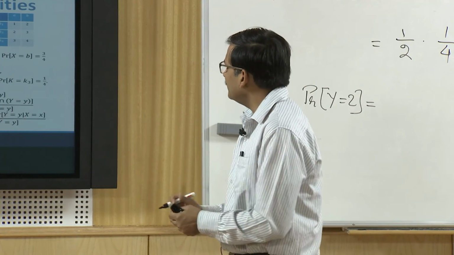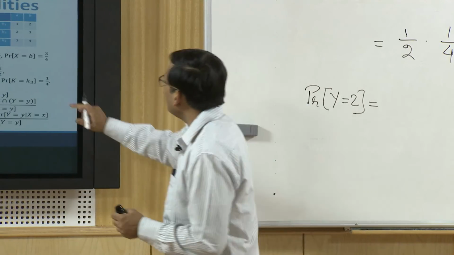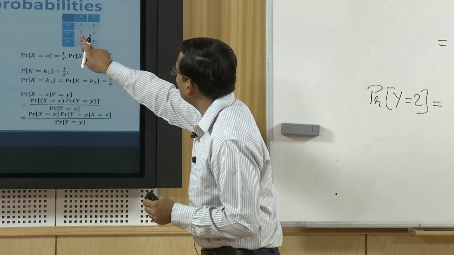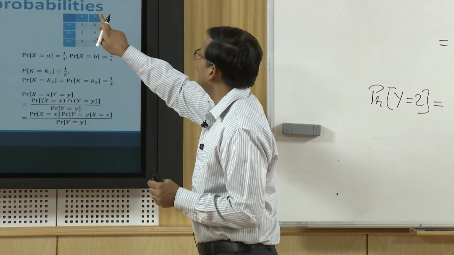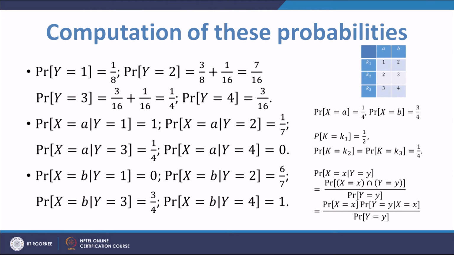We can say that where I am getting 2, I am getting 2 over here and 2 over here. What is this case? We are getting 2 because we have key equal to k1 and plain text equal to b, and here we are getting 2 because we have k equal to k2 and plain text equal to a. So, these are the two cases.